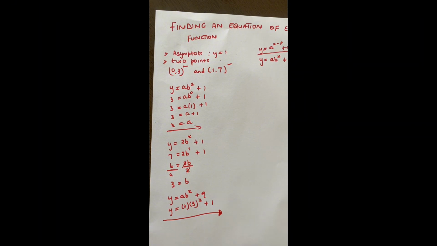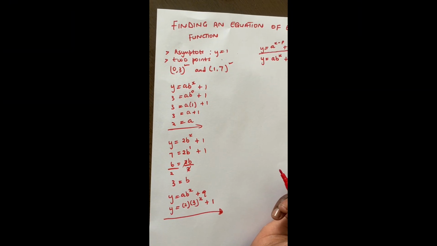Okay, so in summary, you use this standard form, and definitely they will give you an asymptote and 2 points. All right, it's whether by a graph, or they just gonna mention points like this, or they're just gonna write the points.